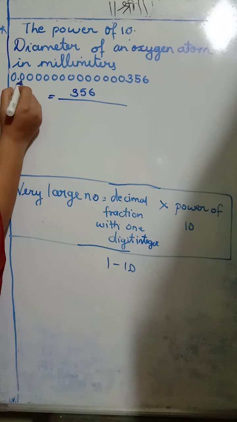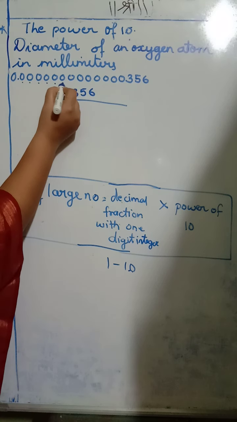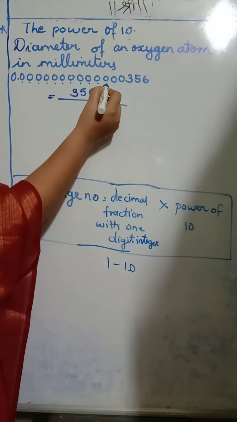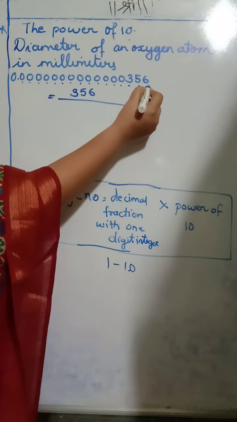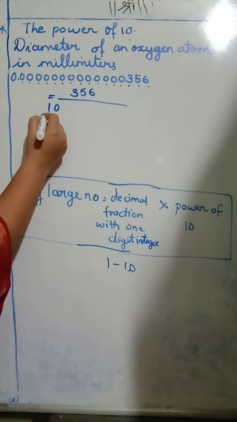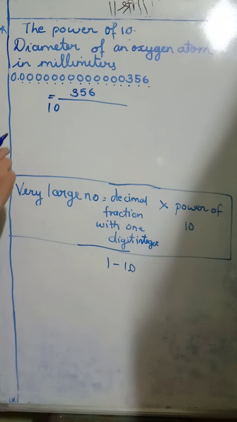For example, you count 1, 2, 3, 4, 5, 6, 7, 8, 9, 10, 11, 12, 13, 14, 15, 16. So you will write 1, and for that 1 you will have 16 zeros.